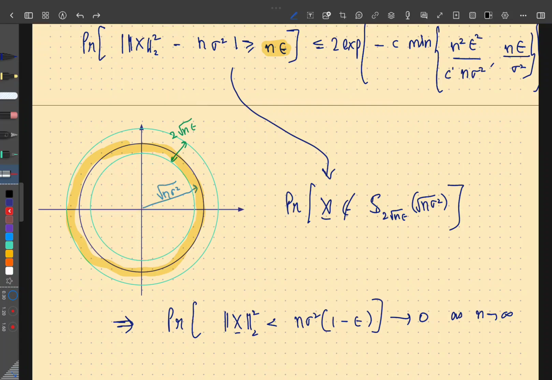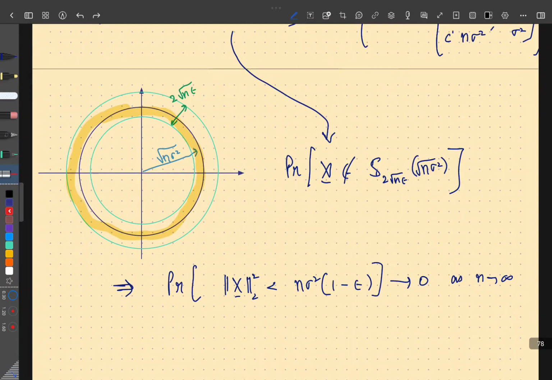It seems counterintuitive, but hopefully the statement is clear. And the reason why this is happening is because the volume of this particular region is in fact negligible compared to the volume of this shell. If you recall from your first homework assignment, there's a problem where you calculated volumes of balls.